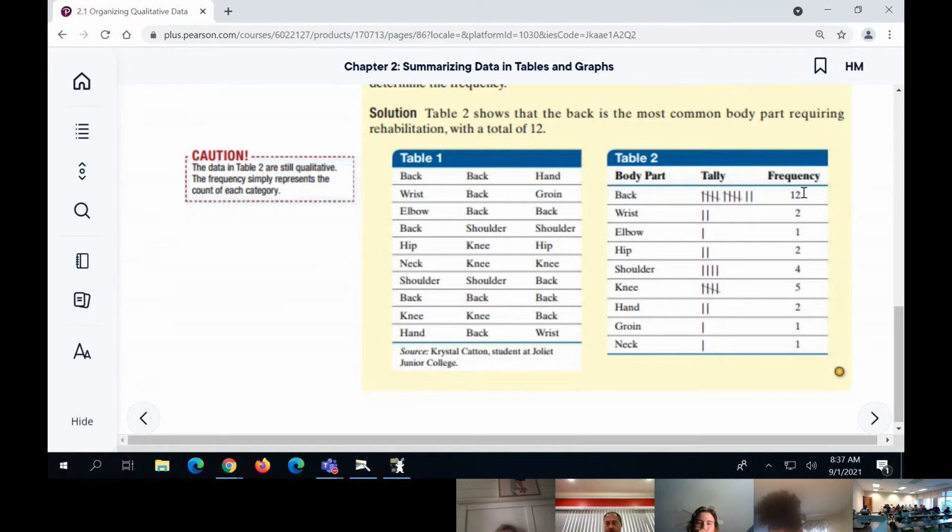Now, there's two types of frequency distribution. There's a qualitative, and then there's what? Quantitative. Qualitative has categories on the left. Let me ask you, got any boxing fans, martial arts, wrestling fans?